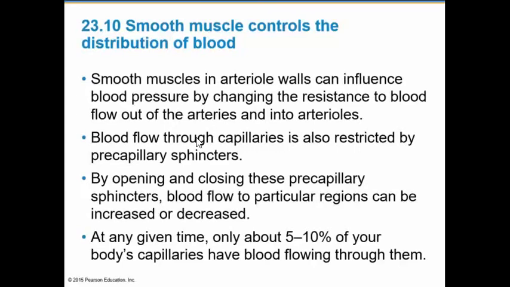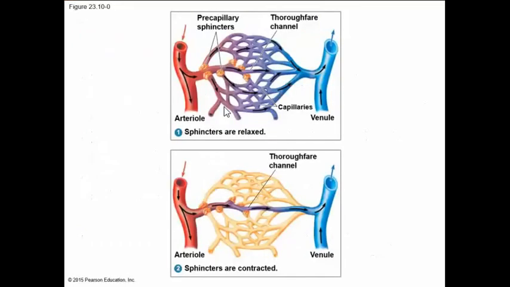By opening and closing these sphincters, we can restrict or increase blood flow to different parts of the body. If these capillaries are closed, the blood will just go directly this way to the venule, to a structure called a thoroughfare channel. But when they relax, the blood will pass through the bed, the network.